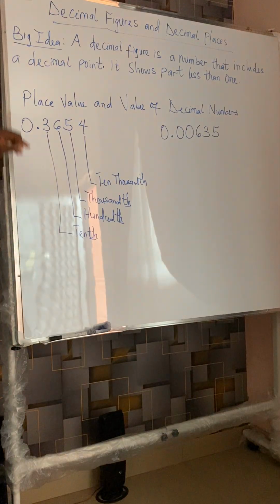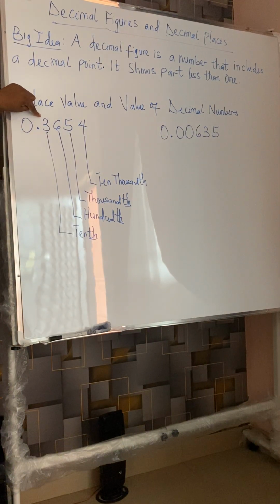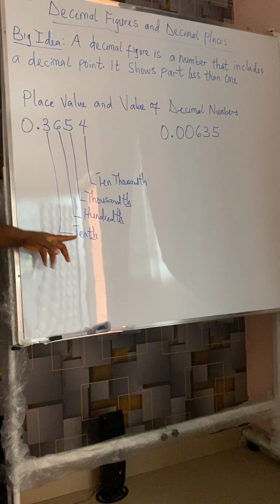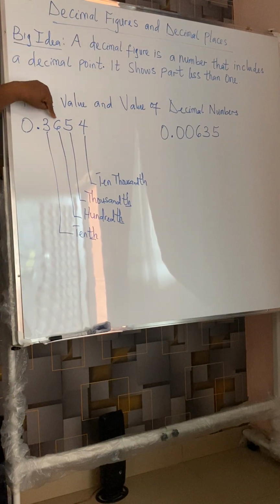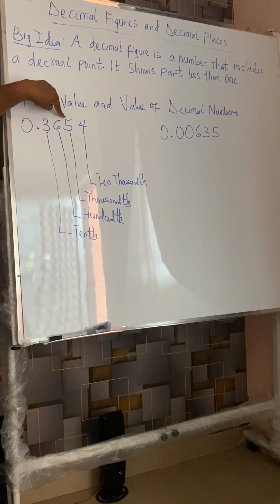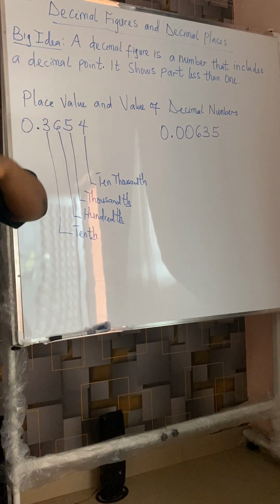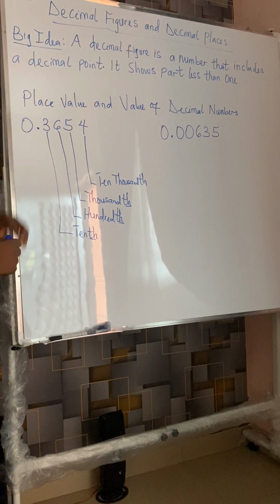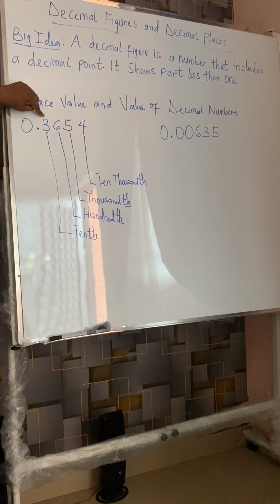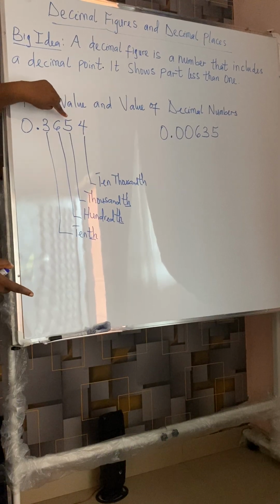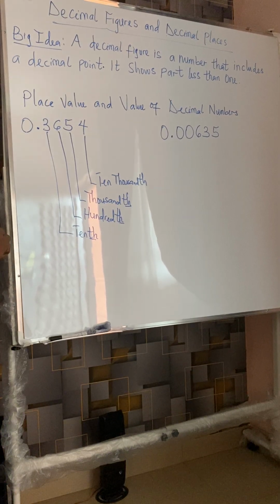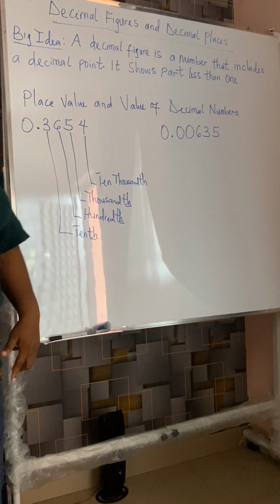Please take note that this 3 here, which is the tenth, this tenth position is bigger than the hundredth, and the hundredth position is bigger than the thousandth, and the thousandth position is bigger than the ten-thousandth. That means any number you see in the tenth position is greater than any other number here. That means 3 here, which is the tenth, is greater than 6, which is the hundredth.